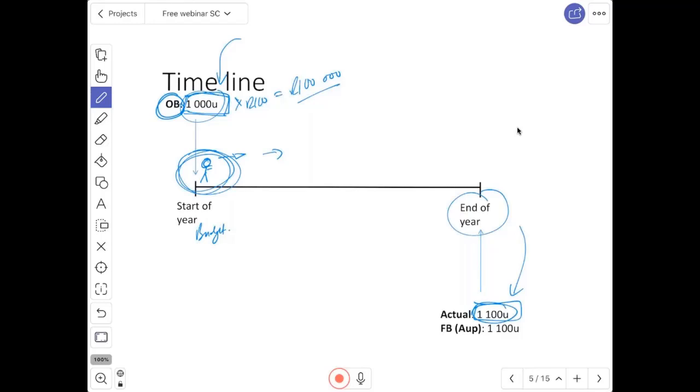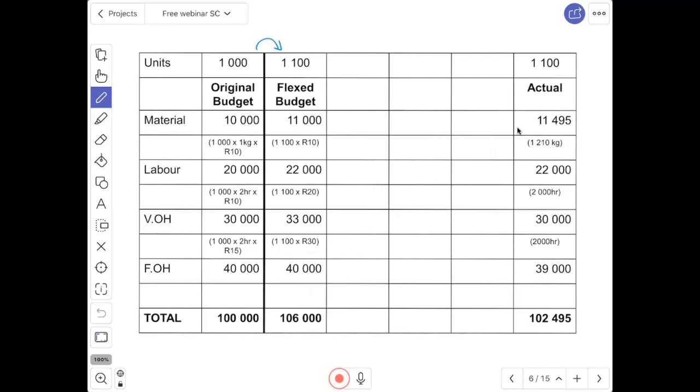So we need to now recalculate what should it have cost us to produce 1,100 units. So if we had known at the start of the year we're going to produce more units, how much should it have cost us? And that's the flexible budget. That's all it is. So this is at the start of the year. The flexible budget is at the end of the year, but we look through the eyes of what should it have cost us.